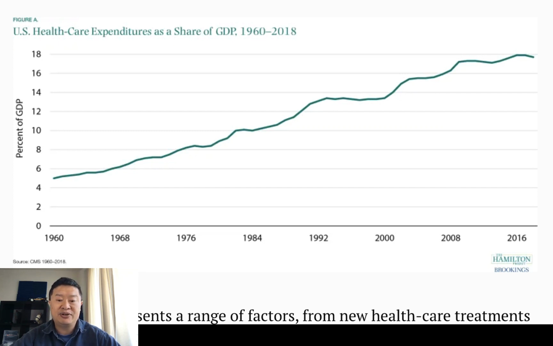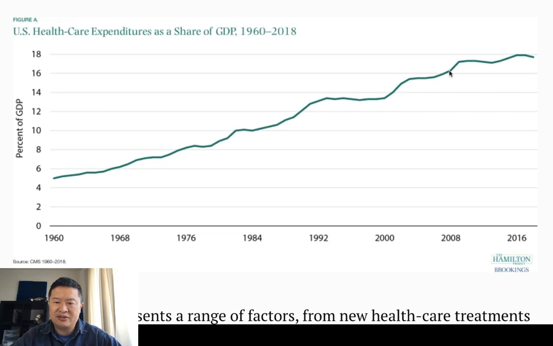Certainly, there are some periods where the line was a little flatter than others, like certainly in the late 90s, it kind of flattened out. You could argue in the 2008 to 2016 era, it was kind of flat, but certainly in the early 2000s, it was pretty bad.